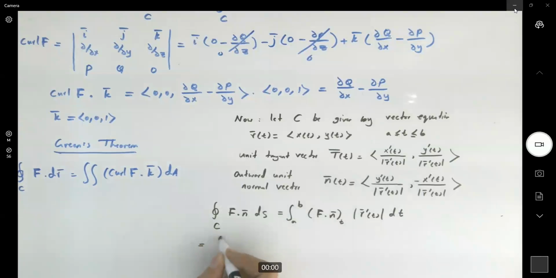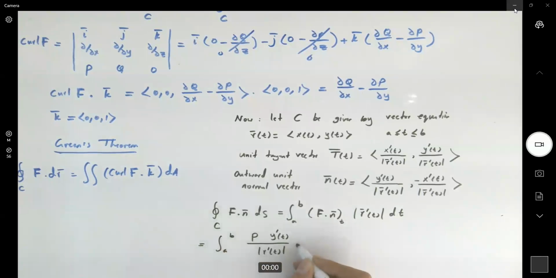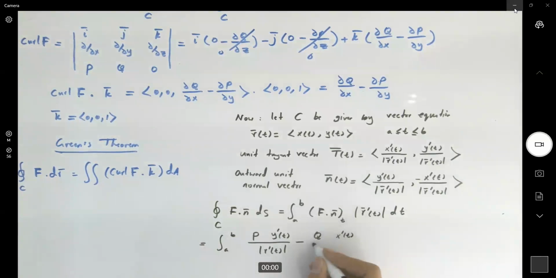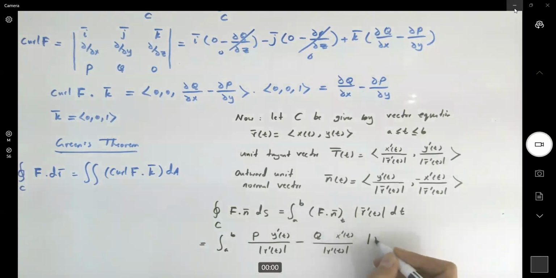We get the integral a to b of p y prime divided by the magnitude of r prime minus q x prime divided by the magnitude of r prime times the magnitude of r prime dt.